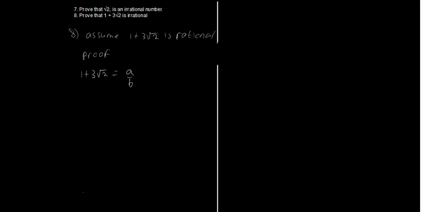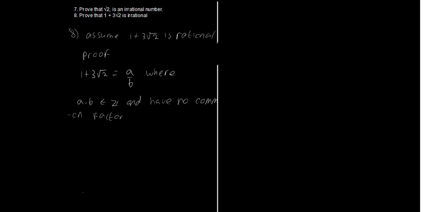Now, in having this, where a, b are members of Z and have no common factor, meaning they are in their lowest terms, right?